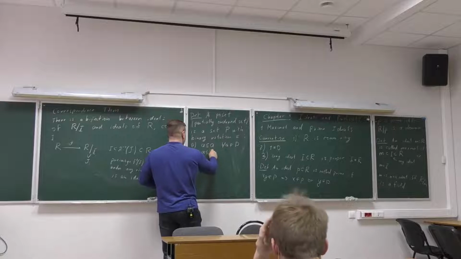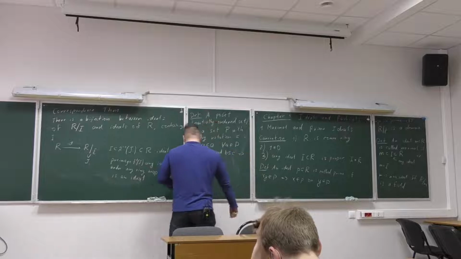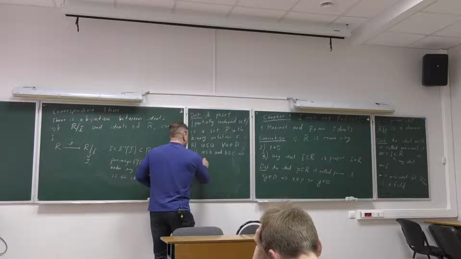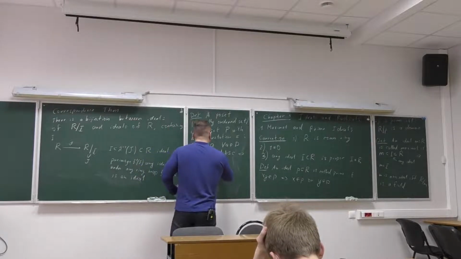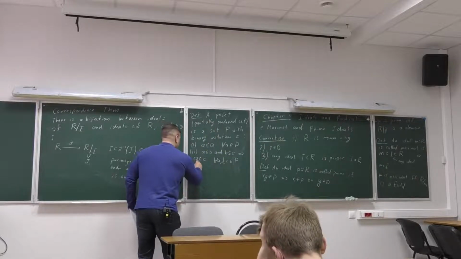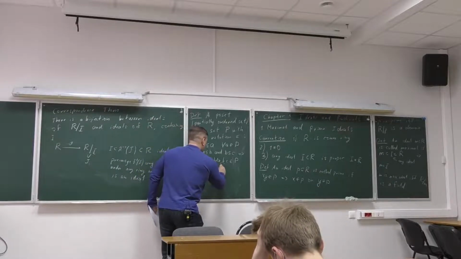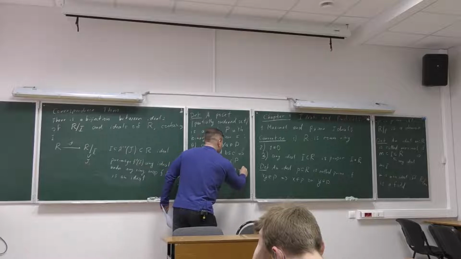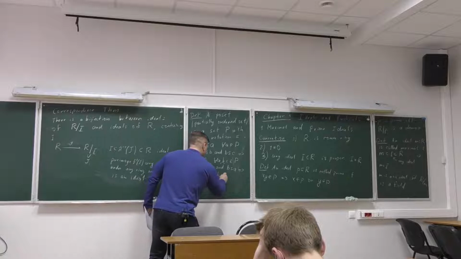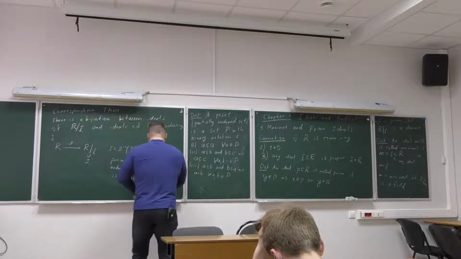So if A is less or equal than B and B is less or equal than C, from this we can conclude that A is less or equal than C, and this has to be true for any A, B and C in the poset P. And the last property is that if we have A less or equal than B and B less or equal than A, then from this we can conclude that A is equal to B, again for all elements in P. So this is a partially ordered set.